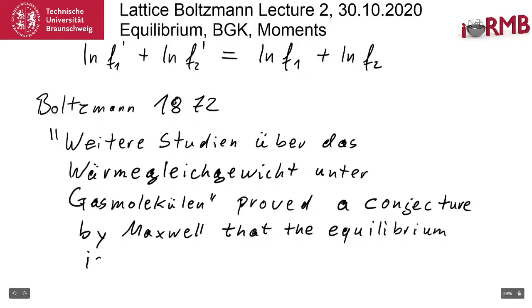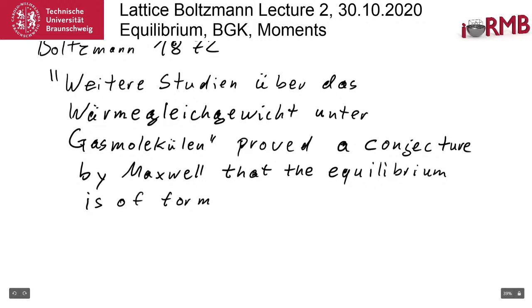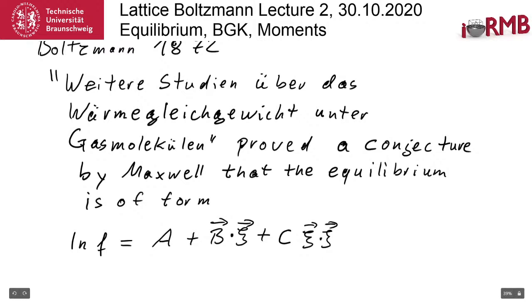So Maxwell assumed that this is of the form: the logarithm of f is equal to some a plus some vector b times the velocity of the particle plus some scalar c times the square of the velocities.